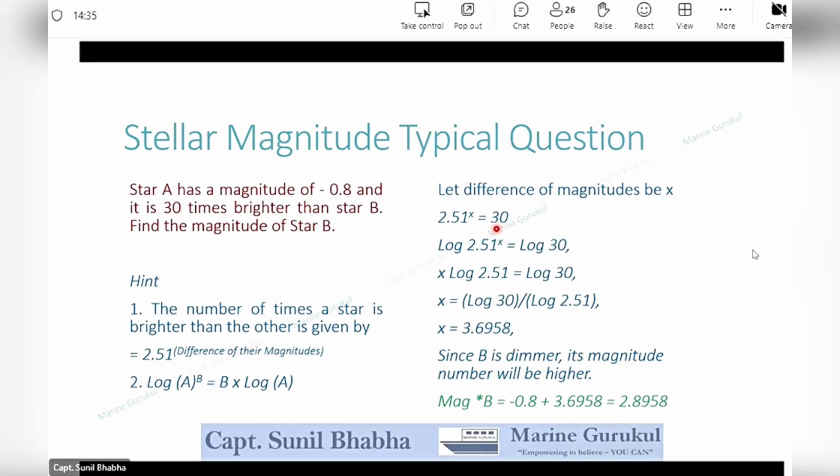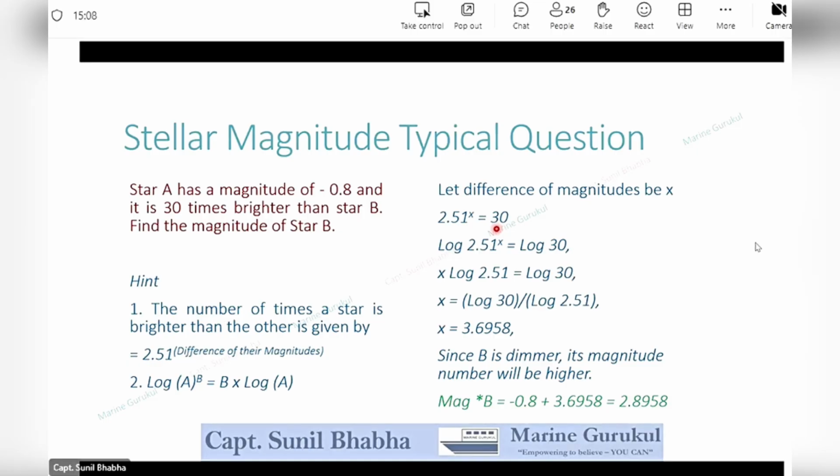Any doubts in this, beta? Great, beta. Very good. Sir, when I do log 30 by log 2.51, it is giving a syntax error. Beta, are you putting brackets? Yes sir. Should not come, beta.